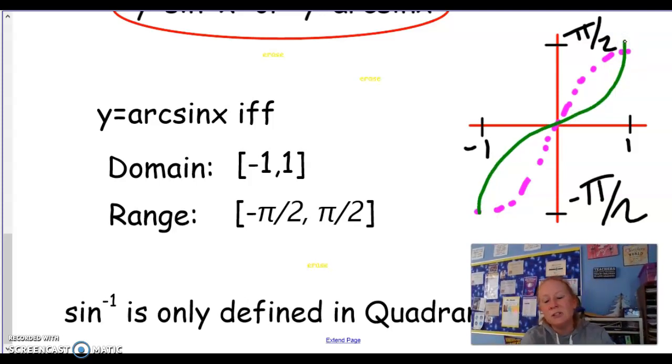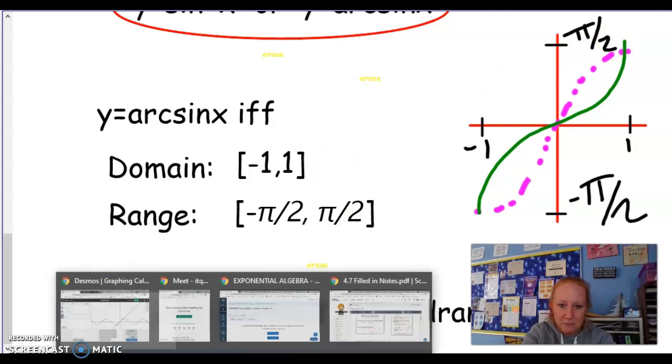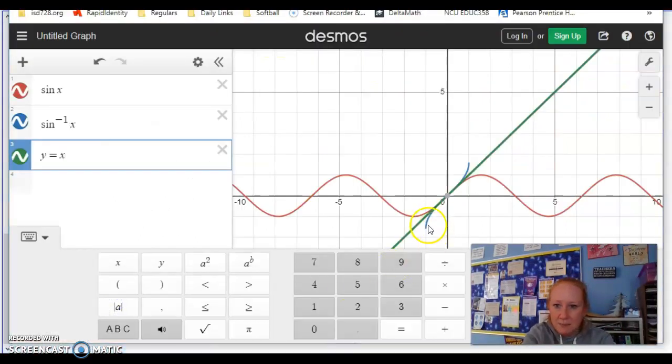Is it quite that curvy? No, but do you see how the x and the y are changing places? So that's what it looks like. Let's go back into Desmos and see what Desmos says about it. See? Great. So that's kind of what is happening in the graph for a sine and an inverse sine.